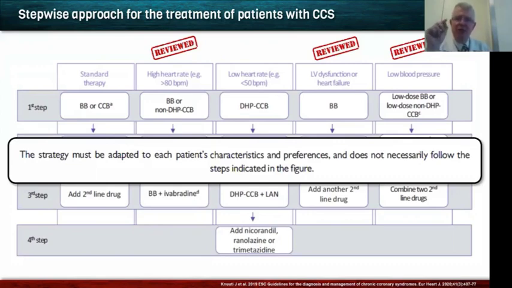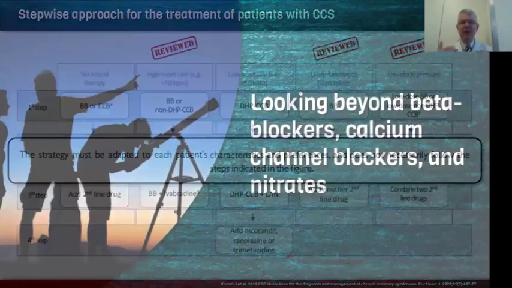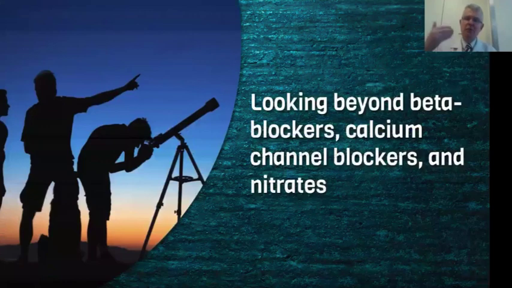What is the hemodynamic profile? What are the comorbidities? And then come up with the strategy to treat the patient, and not necessarily follow this proposed strategy. So they are inviting us to look beyond beta blockers, beyond calcium channel blockers, and certainly beyond long-acting nitrates.